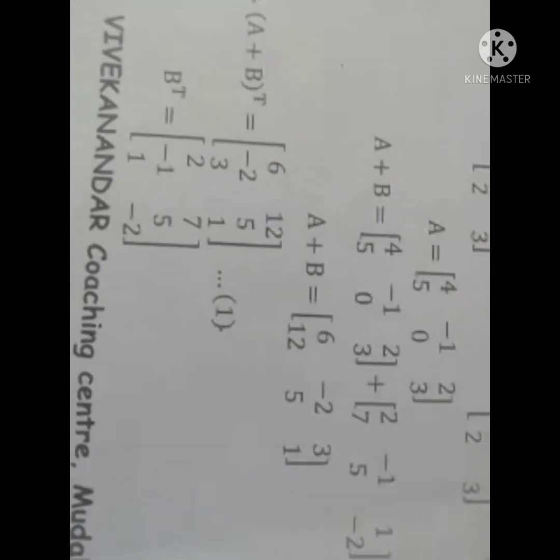So A plus B whole transpose, we get this form. Next, B transpose. So A transpose plus B transpose, B transpose plus A transpose, we get this answer.